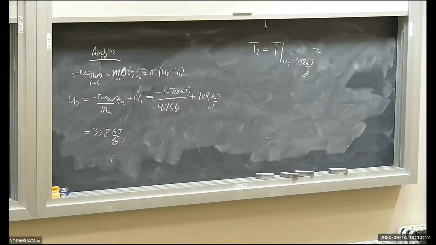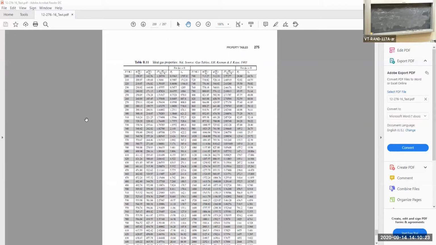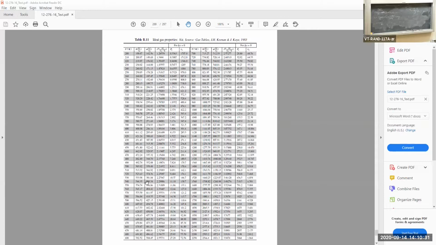Now, how might we figure that out? We have an internal energy at state 2, 358 kilojoules per kilogram. So let's find 358. It's between 352 and 359, so it's closer to 500 than it is to 490.